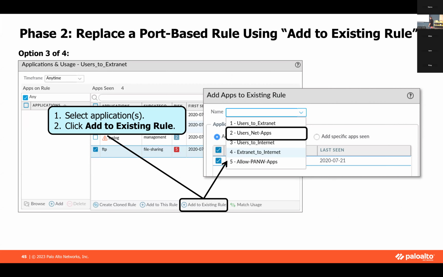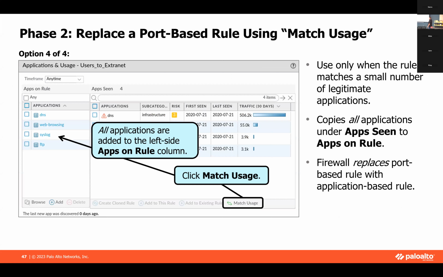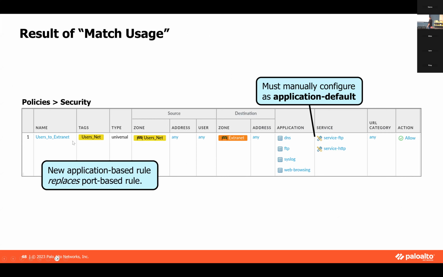We can replace any port-based rule with add to existing rule, so we can map that over to something else. And then we could also go through on match usage that would check this policy to see which one of these applications is going to be mapped against. And then here we can see where we have applications defined along with those services at the same time.